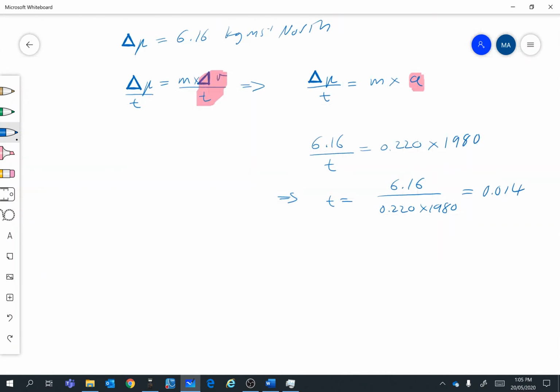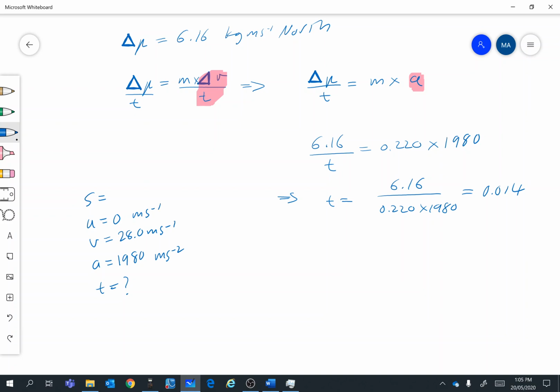We just use SUVAT. So we're going to write these things down. We're trying to find the time of impact. Acceleration 1980. Final velocity is 28.0 and the initial velocity is 0.